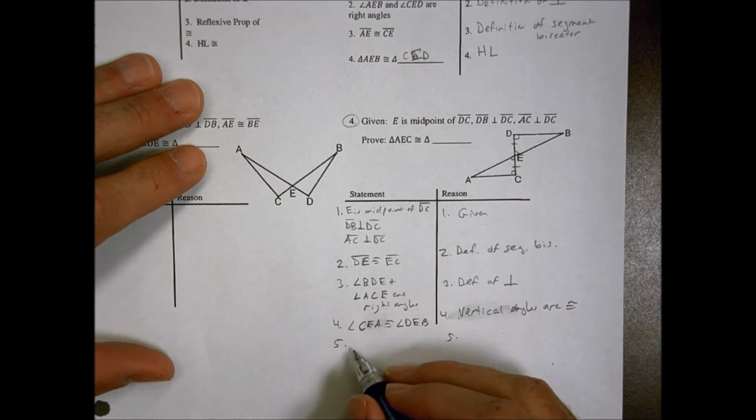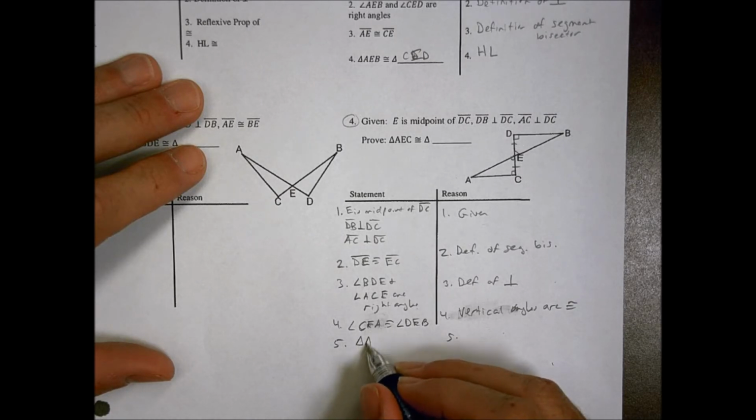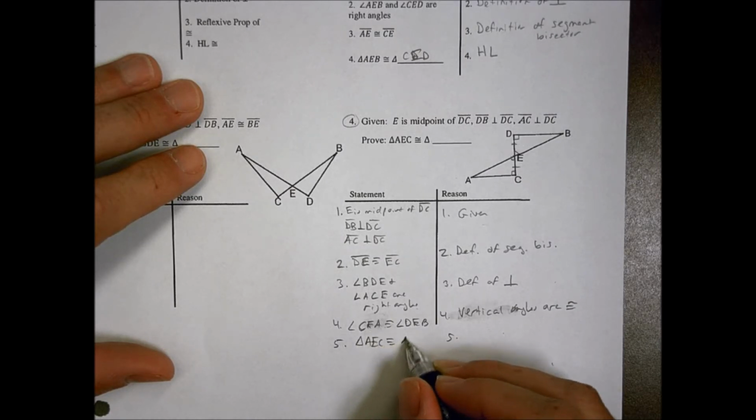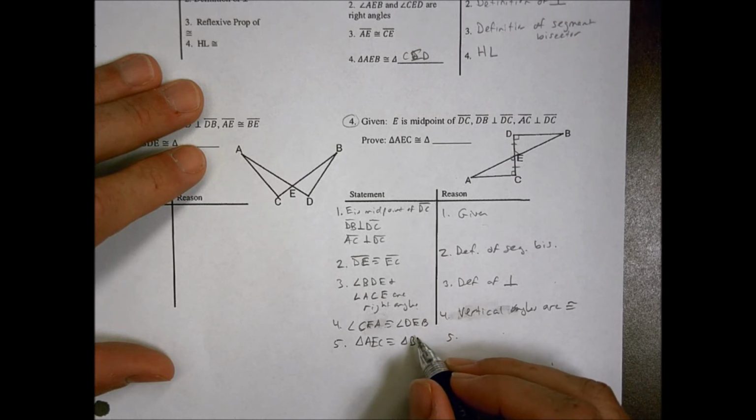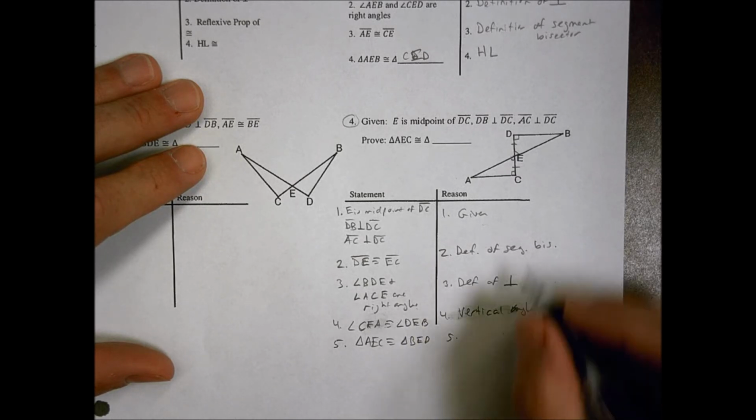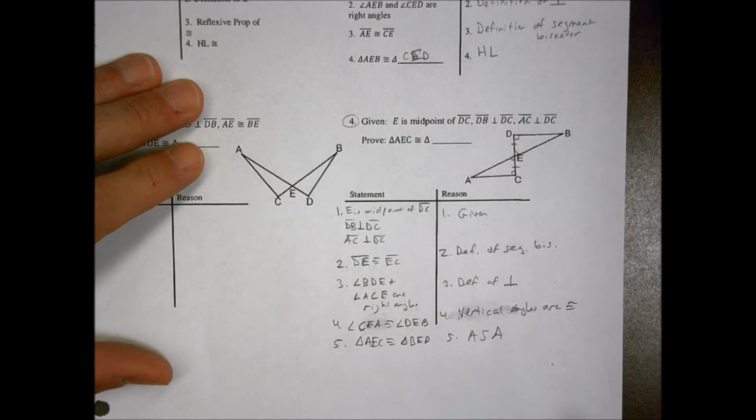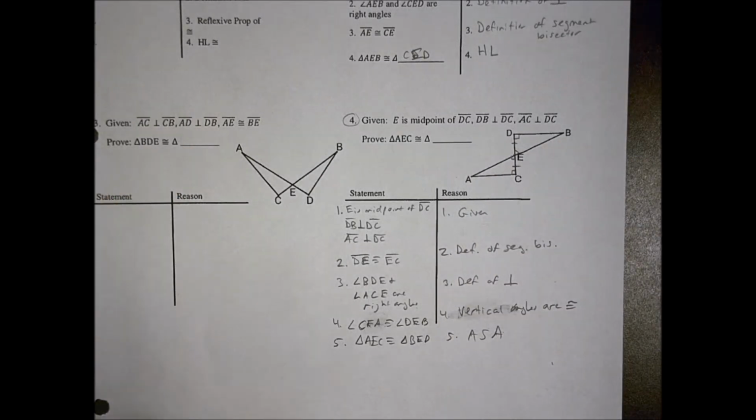And now I have that the triangle AEC is congruent to triangle BED by angle side angle. Alright, and that's how you do that one there. Same idea for the other ones. So good luck, keep working hard, great job.